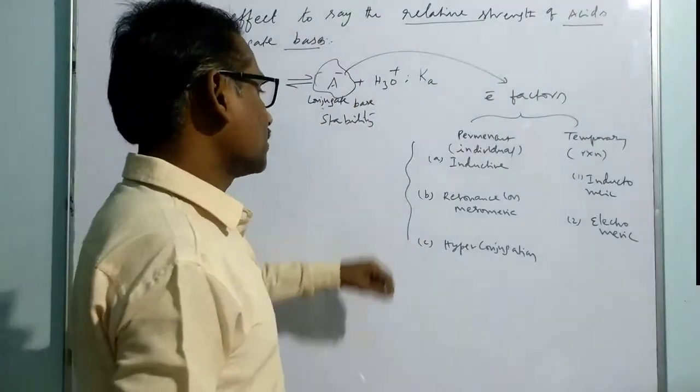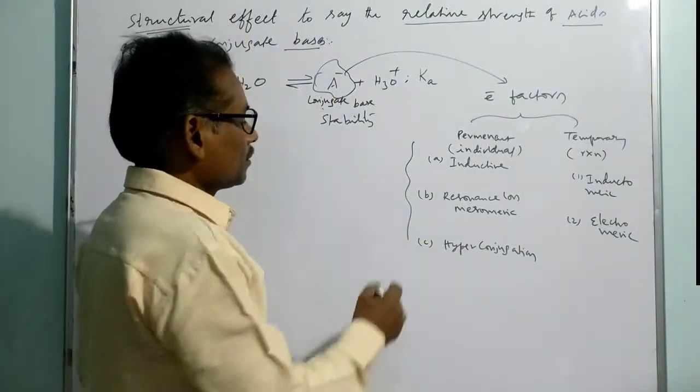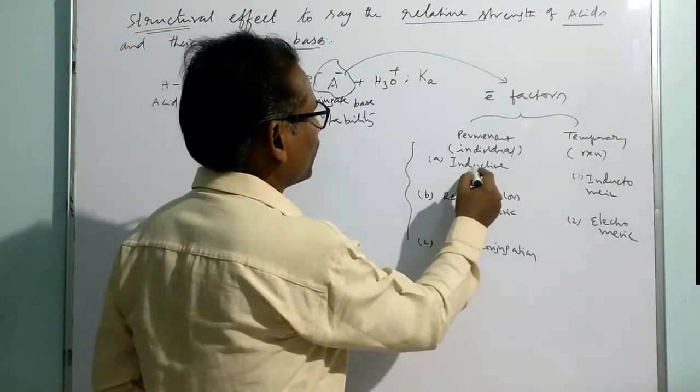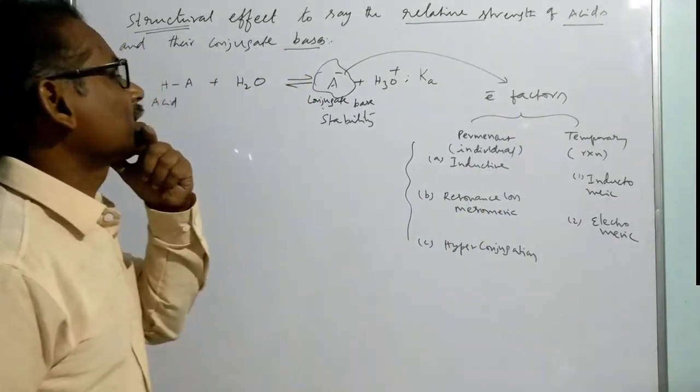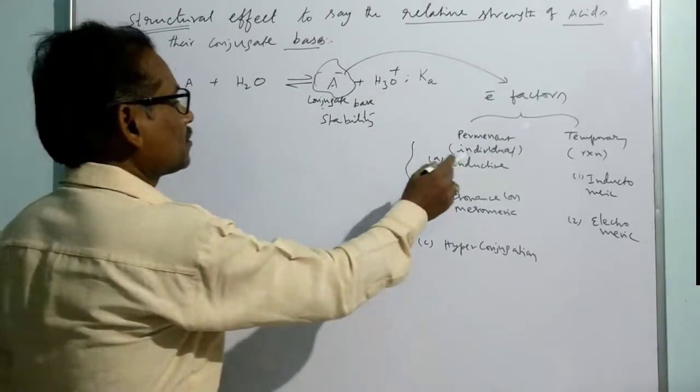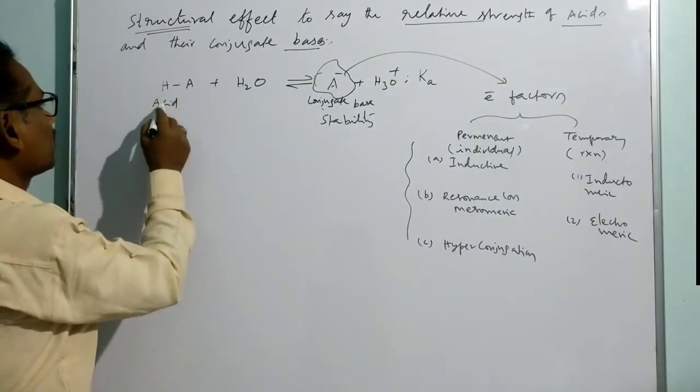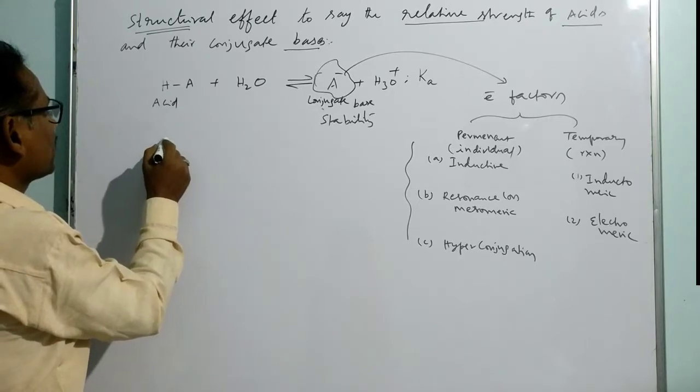So we are talking about acid-base reactions. Now let me discuss the inductive effect. Based on the inductive effect, let me consider some examples. For example, suppose you take a substance like water.